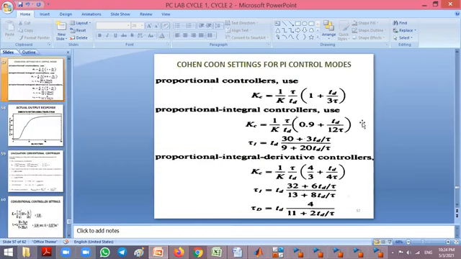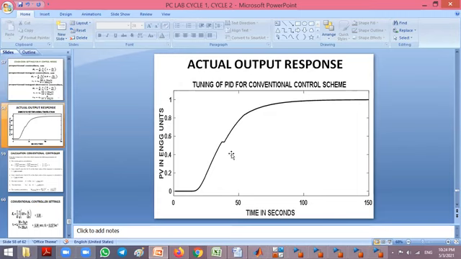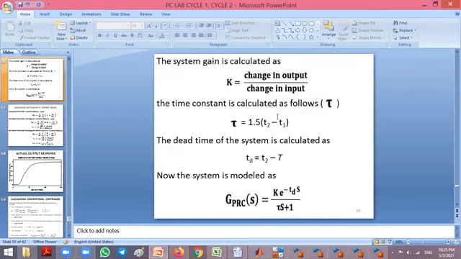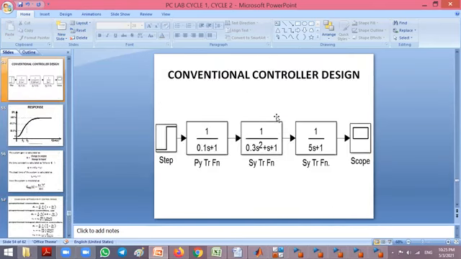Now you use Cohen-Coon settings, and again you choose PI mode. This is the tuning; you will get the response as an S-shape curve. This is the tuning response of PID for the conventional control scheme. In this it will settle at 1. Why is it settling at 1? Because there is no feedback for the secondary loop here.